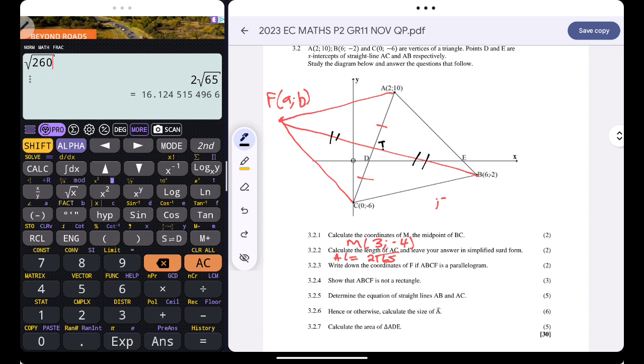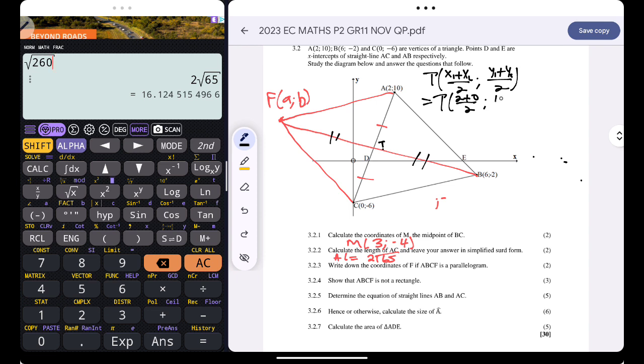How can I do that? The coordinates of T is our midpoint, right? So I'll simply take x1 plus x2 all over 2, y1 plus y2 all over 2, right? So this is 2 plus 0 over 2. I'm using points A and C, right?